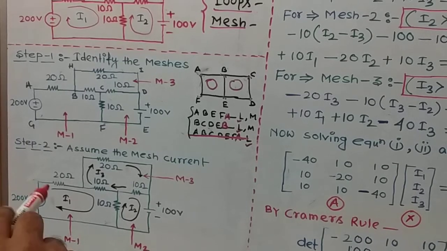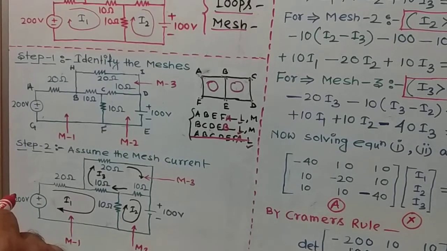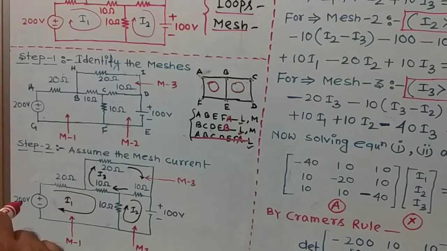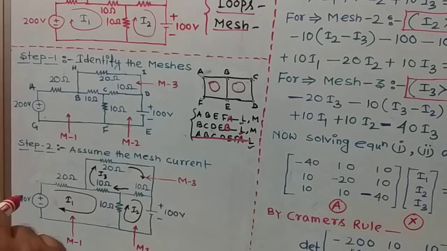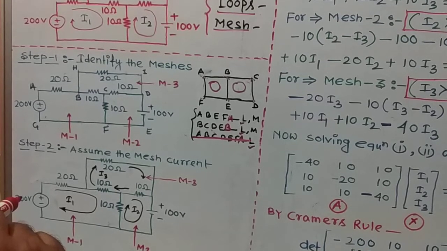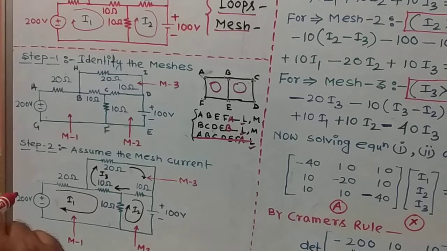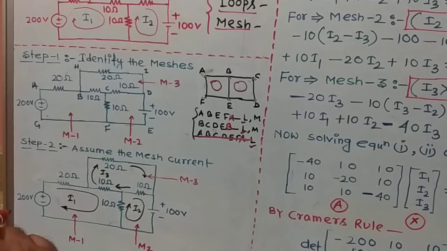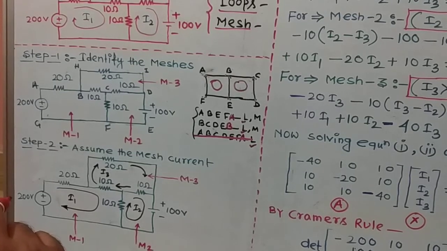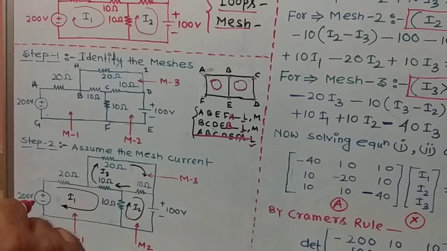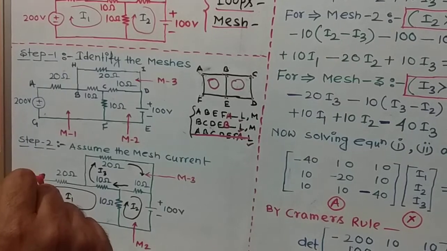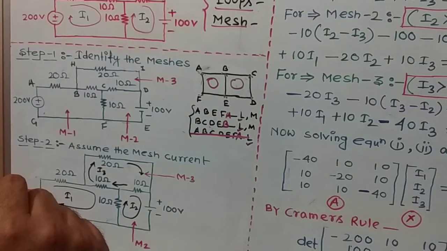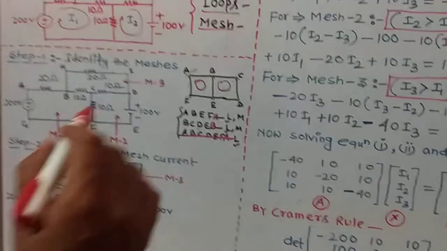First we will calculate the loop currents, then we will calculate the branch currents. Here the branch current is calculated in terms of loop current. In this numerical you will learn how to calculate the loop current.